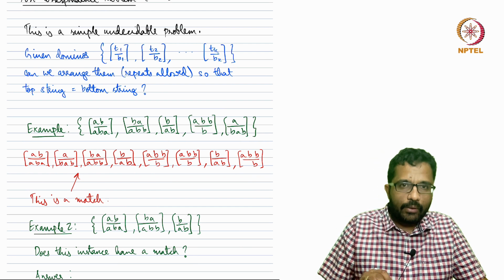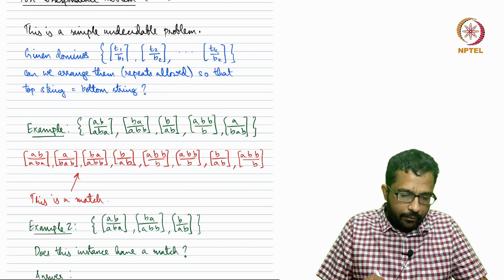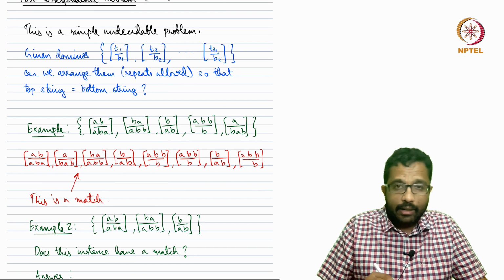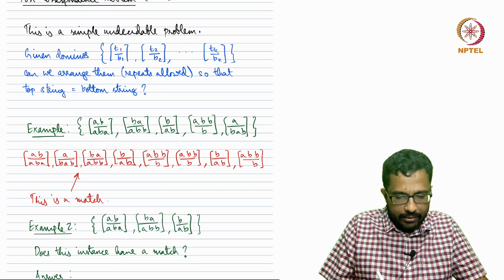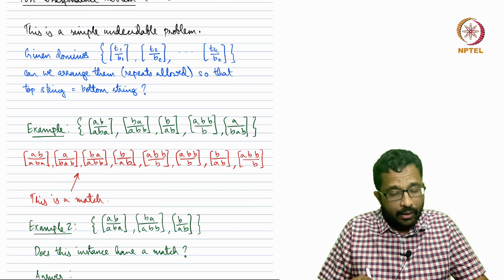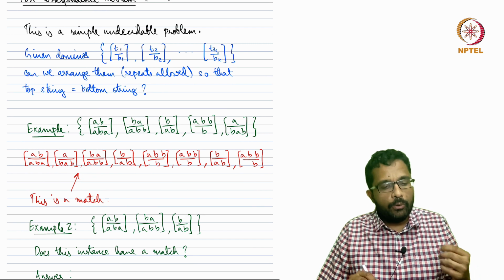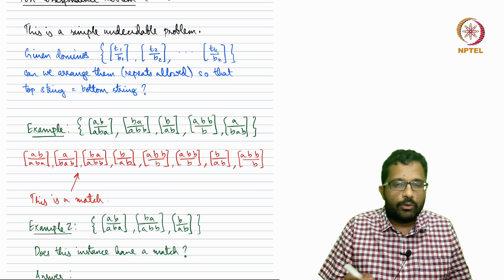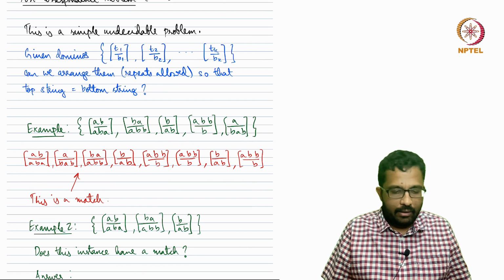Some rules I have to mention. First, it is not compulsory to use all the dominoes, so not all the dominoes need to be used. And second, we could use some dominoes more than once if we need. There is no restriction on how many times we can use them.